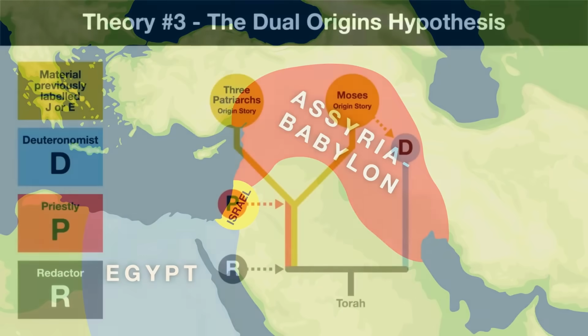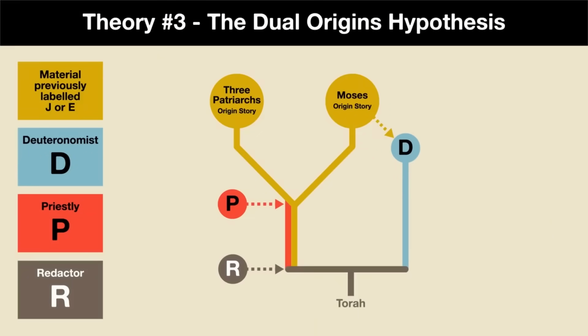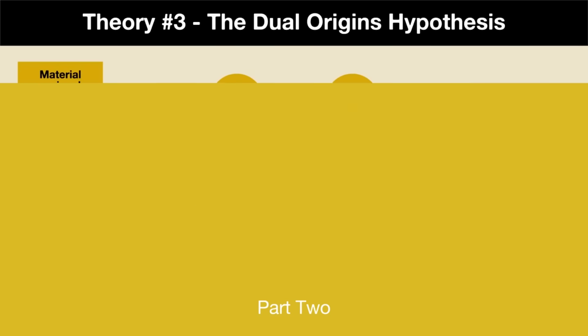Anyway, like I said, this third theory is yet to be fully fleshed out. The second theory is the one that's currently the more mainstream explanation. But I think the dual origins theory is very promising, and therefore I'm going to go out on a limb and say that I think it is likely to be the dominant theory in the future.